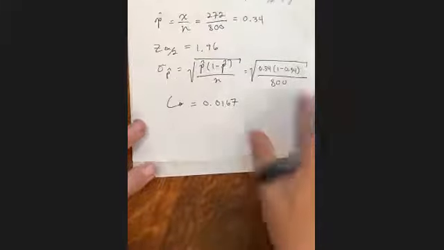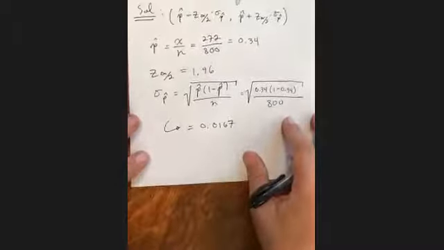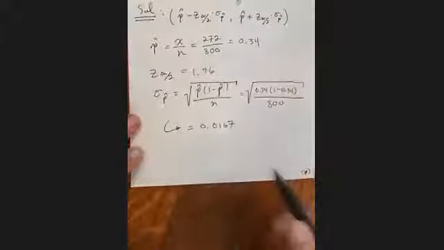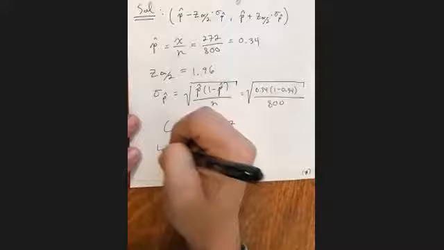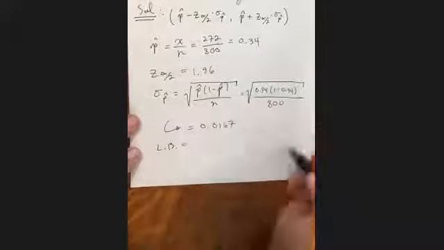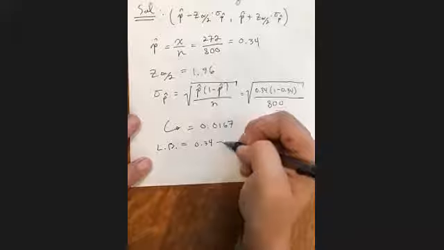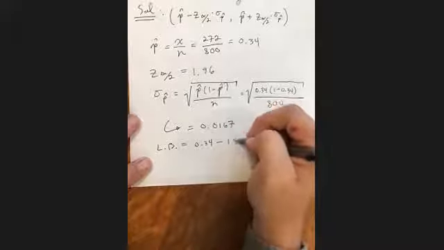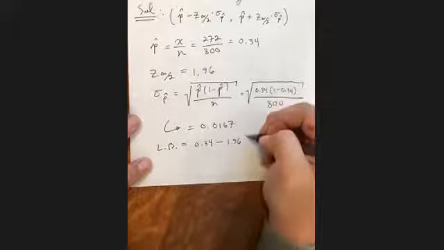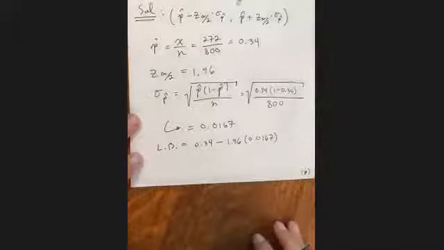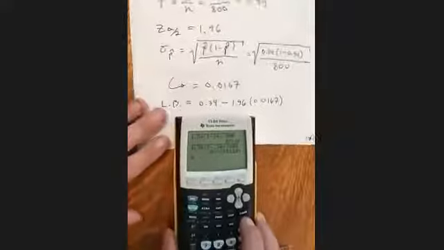So now we have all the values we need to construct our confidence interval. We have the P hat, we have the Z alpha, the critical value, and we have the standard deviation. So the lower bound for the interval is 0.34, which is P hat, minus Z alpha over 2, 1.96, times the standard deviation, 0.0167. So that's your lower bound for the interval.